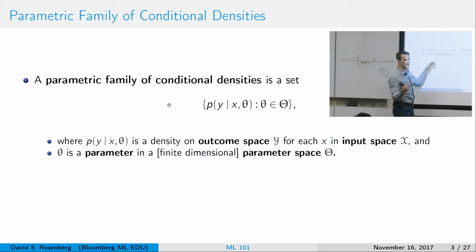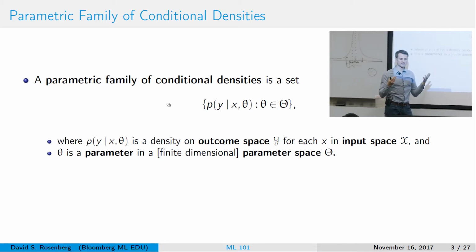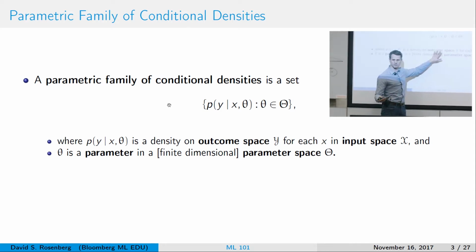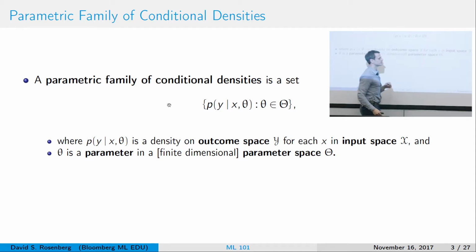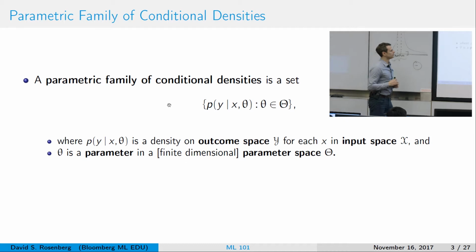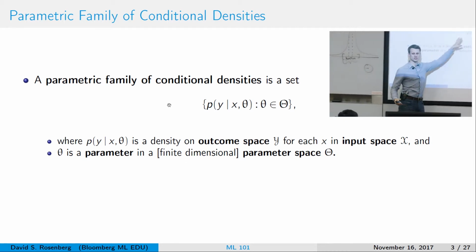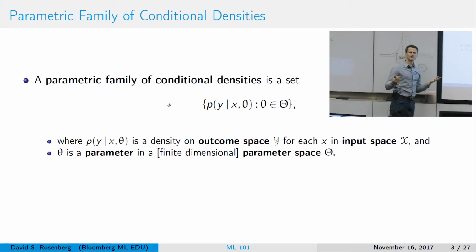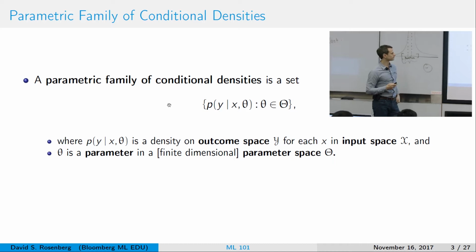Whereas before we were calling y an element of the sample space, now to align with our terminology from conditional probability modeling, we'll call y the outcome space and x the input space. Theta is still a parameter, now parameterizing this set of conditional distributions. By conditional we mean conditioned on x.